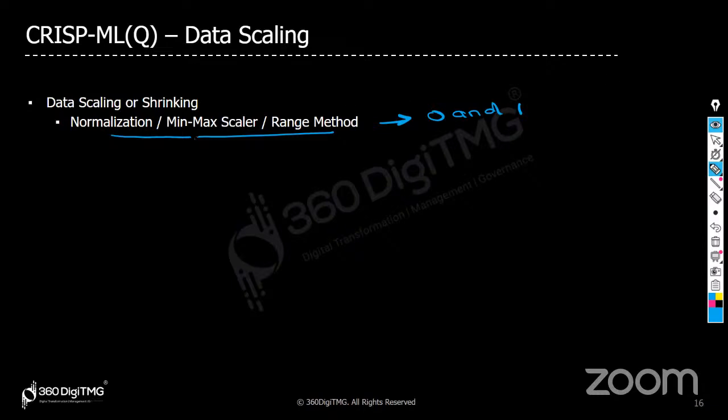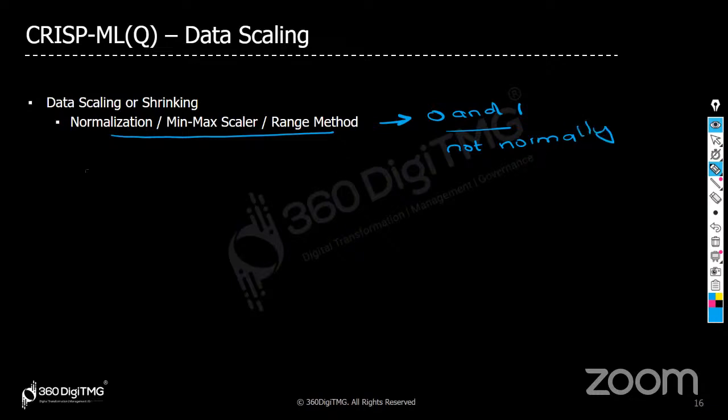It is useful when the distribution of data does not follow Gaussian distribution. That is, if the data is not normally distributed, then you can go for this normalization technique.